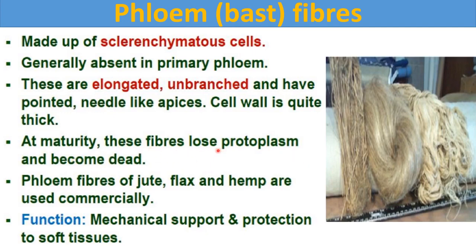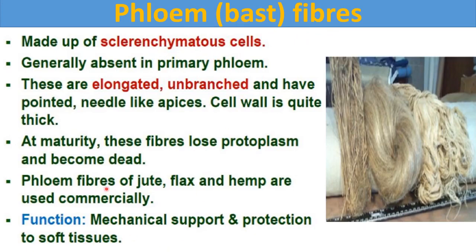Because they lose their protoplasm at maturity, these are dead cells. So these bast fibers are made up of dead sclerenchymatous cells.